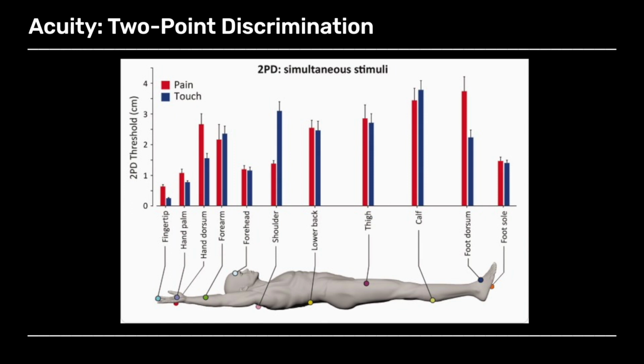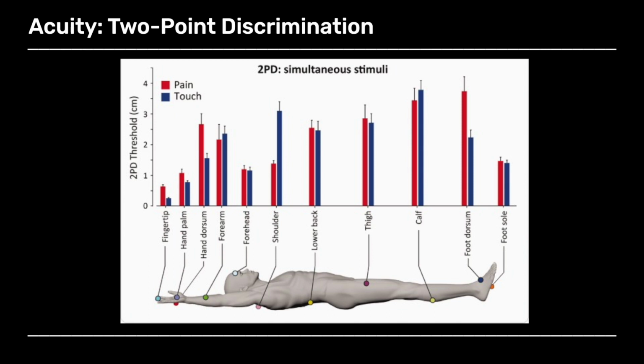So if you imagine an experiment whereby you have two pins that are very lightly placed on the surface of the skin, when they're far apart, you can detect them as two separate pins. As they're gradually brought together, you reach a point where you can no longer detect them as two spatially separate stimuli, and they feel just like a single stimulus. And so this is a measure of the acuity of your two-point discrimination of the skin.